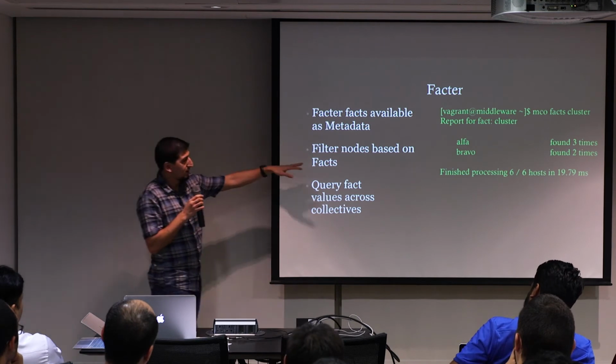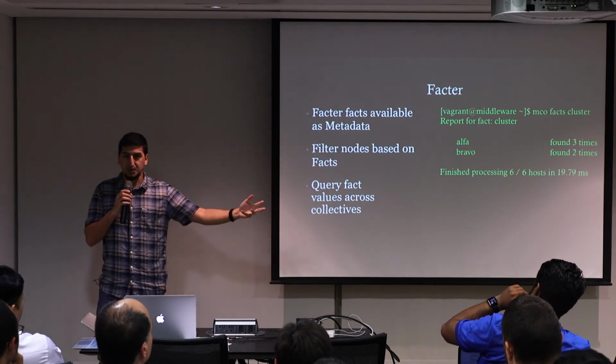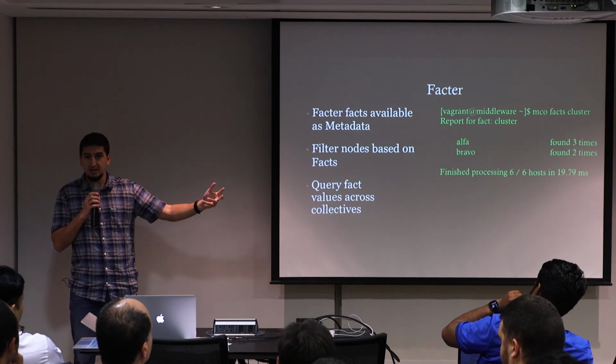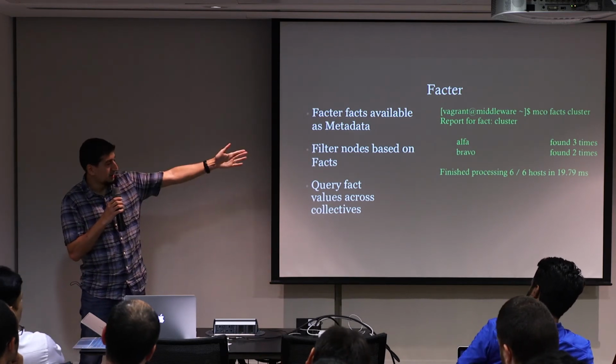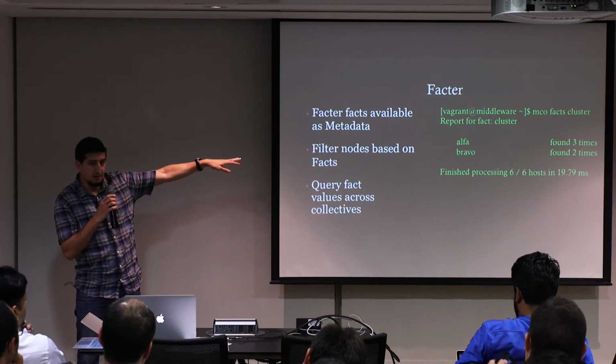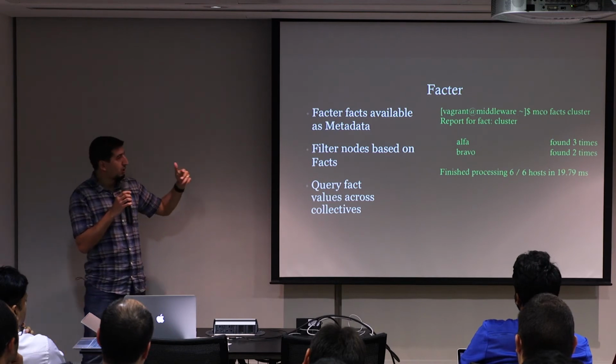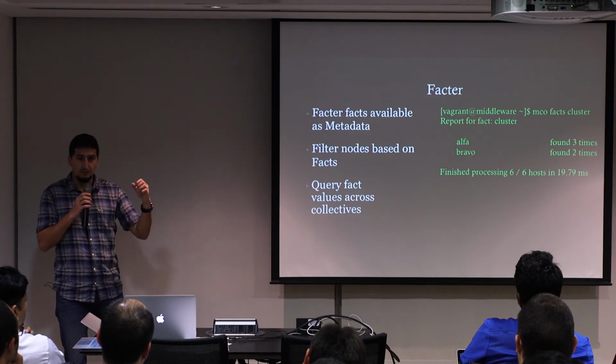A simple way of running a command is: mco facts cluster. It will tell you which machines out there have the cluster fact and categorize them, showing, for example, 3 machines with the alpha cluster and 2 machines with the bravo cluster. We would use the exact same way for deployments.